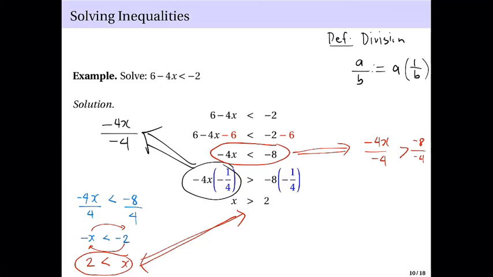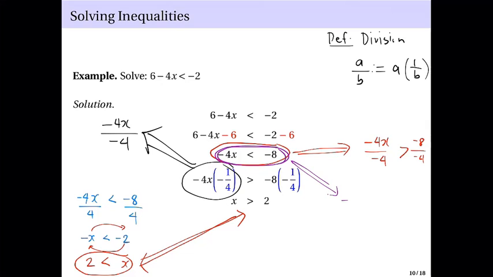Now, there are some students who do this. From this part here, they divide by -4 and they don't change the inequality.